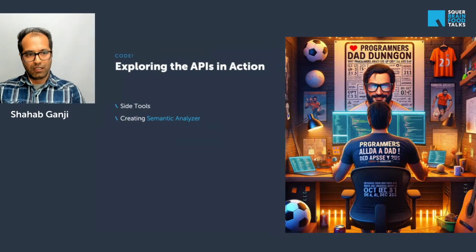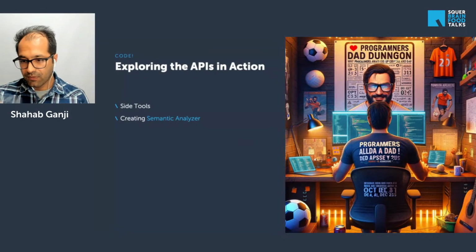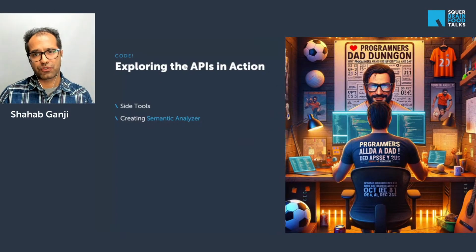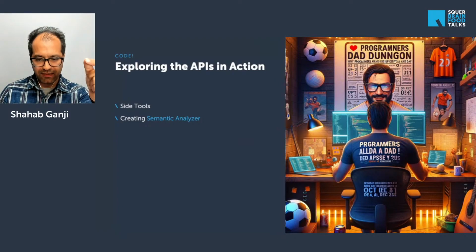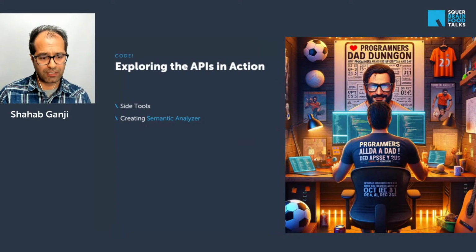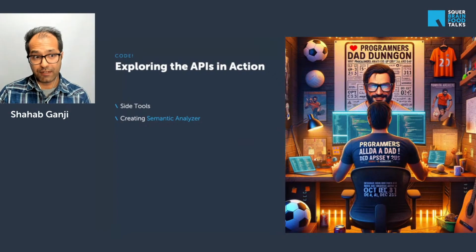So to achieve that, we are going to create a semantic analyzer. The role of this analyzer is to process our source code, find all the throw statements, and check whether they are within a method with a return type of Maybe or not. And then provide feedback to the diagnostic API for reporting an error.